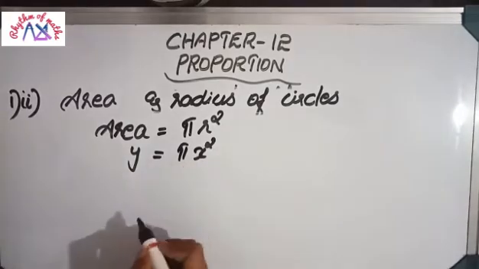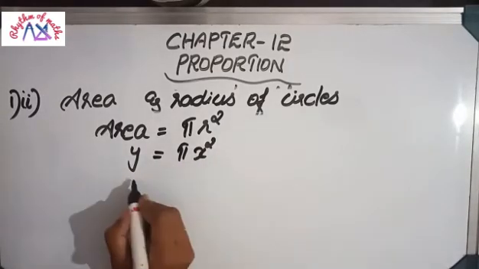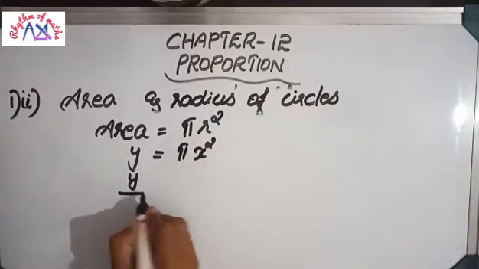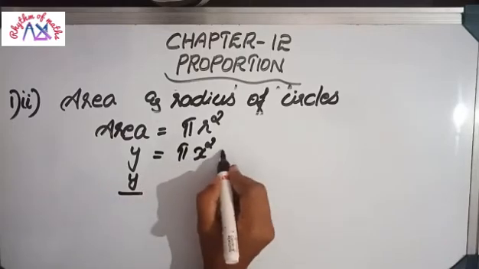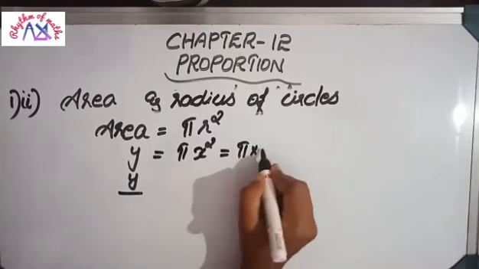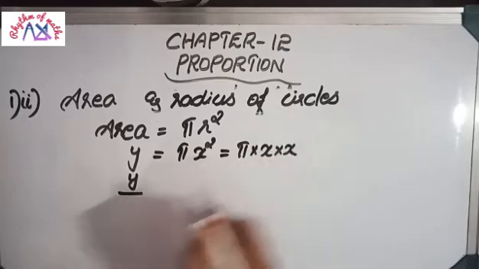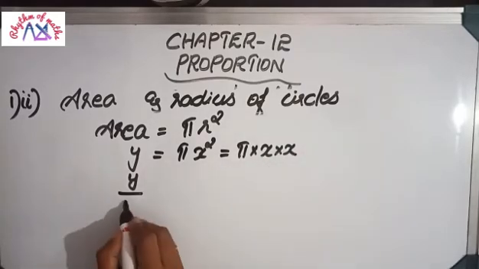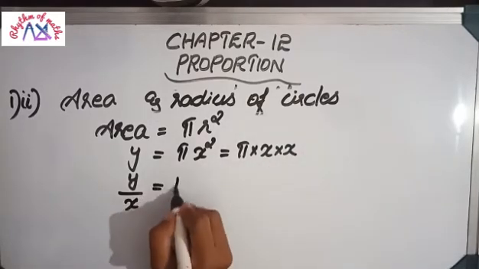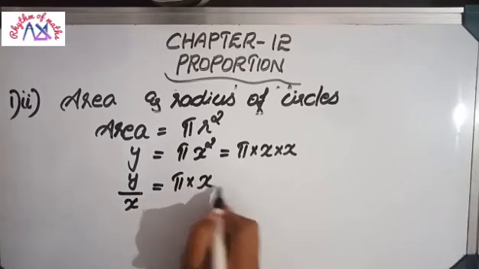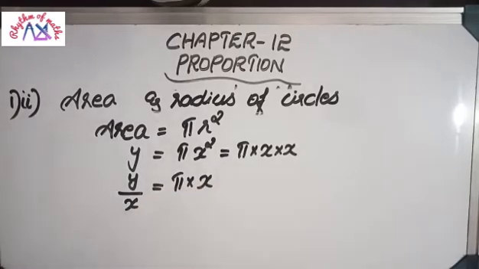Now we must get y by x. So y by x square means it is pi into x. Only one x we can take here. So y by x becomes pi into x. Is it in proportion?